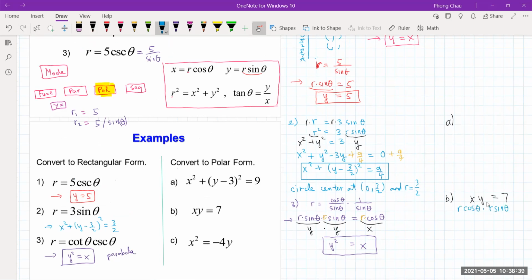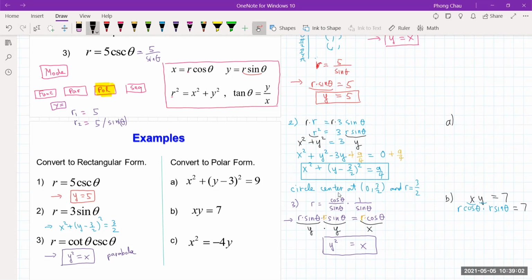So that one and that one, and it's equal to 7. You see now everything is in terms of r and theta. But usually the one more step we do is we try to solve for r, the same way as we try to solve for y, if we can. But sometimes, like here with x squared, y squared, just leave it that way.